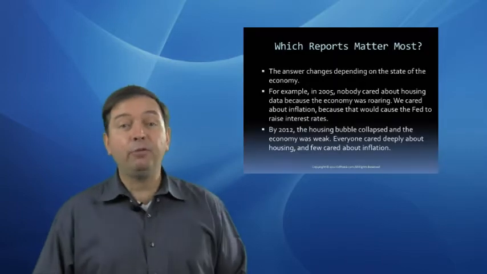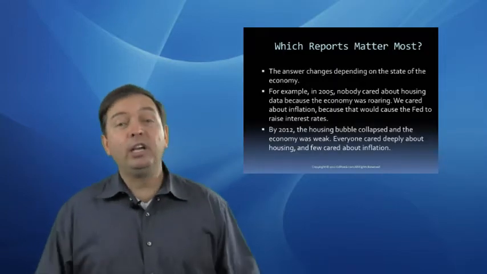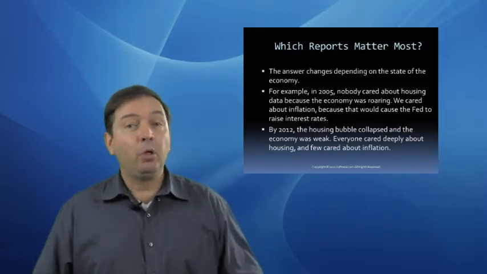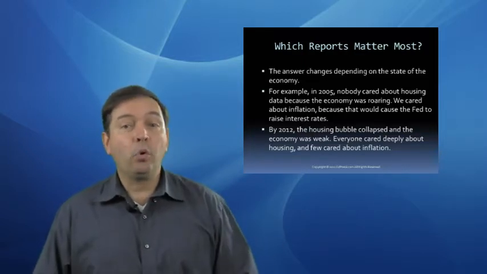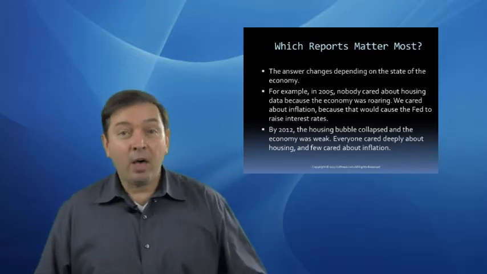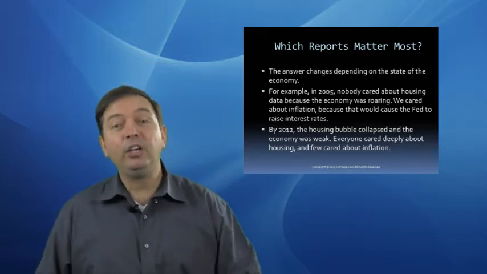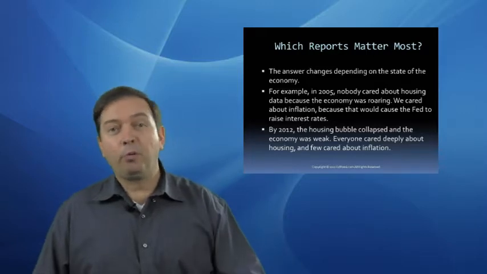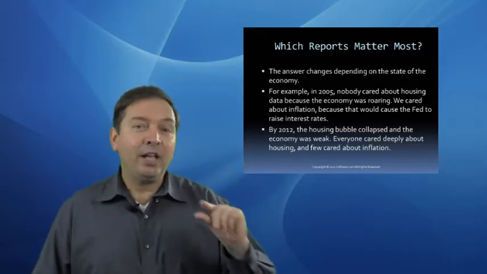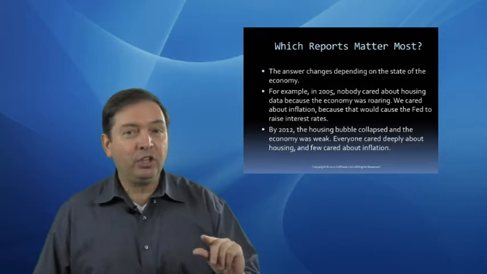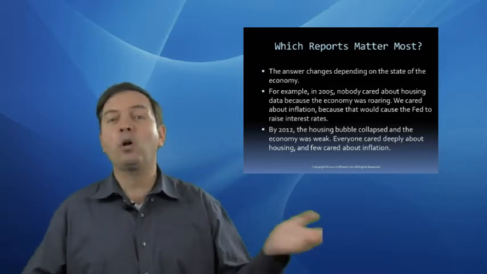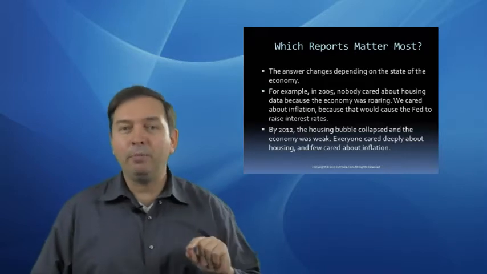Back in 2005, nobody was really concerned about housing data because housing was in a bull market and the economy was roaring. We didn't care about the housing numbers. We cared about inflation because everyone was afraid that the Fed was going to start raising interest rates. And so that's what we watched the most. We watched inflation. So inflation is tremendously important in a bull market, or in a strong economy, perhaps would be a better way to put that.